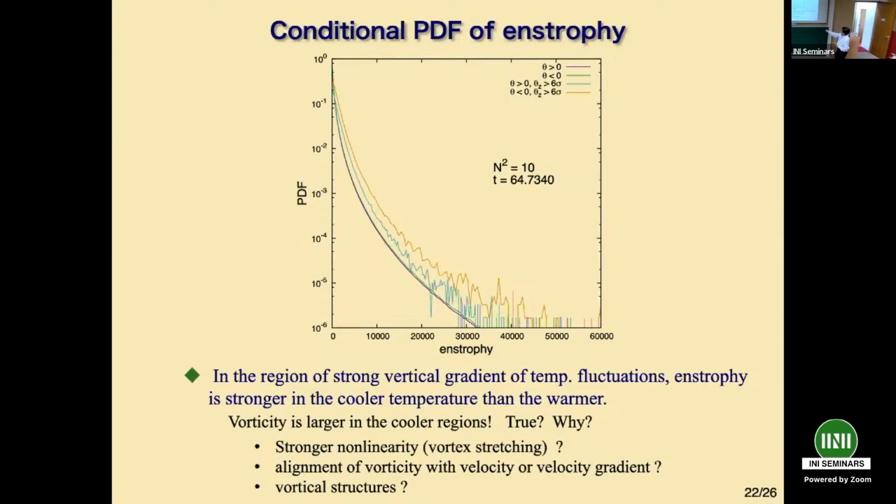or actually, the probability that theta is negative is larger than that theta is positive. Which means in the region of strong vertical gradient of temperature fluctuations, entropy is stronger in the cooler temperature than the warmer.